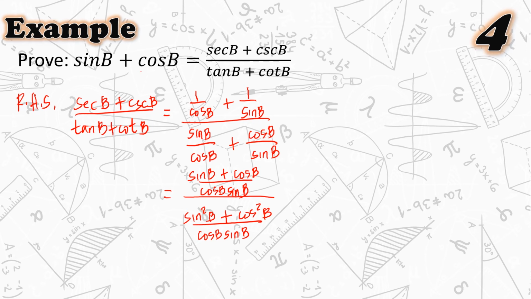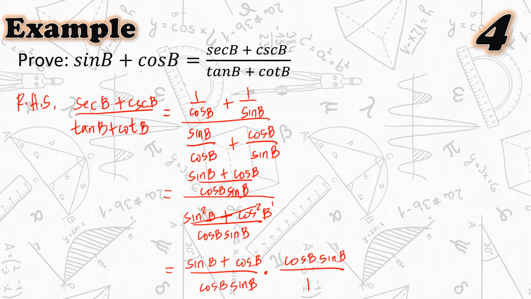From Pythagorean relations, sine squared B plus cosine squared B is equal to 1. Then what we have now is a quotient of two fractions. To do that, we copy the fraction in the numerator, that is sine B plus cosine B over cosine B sine B, and multiply this by the reciprocal of the fraction in the denominator, that is cosine B sine B over 1.